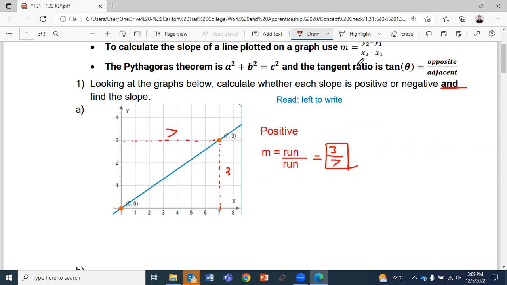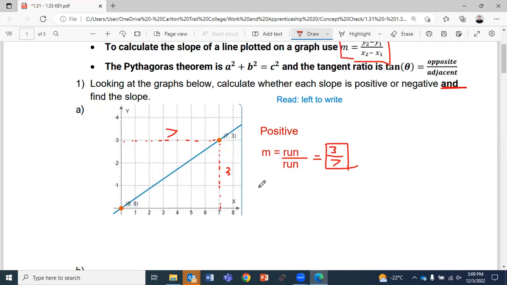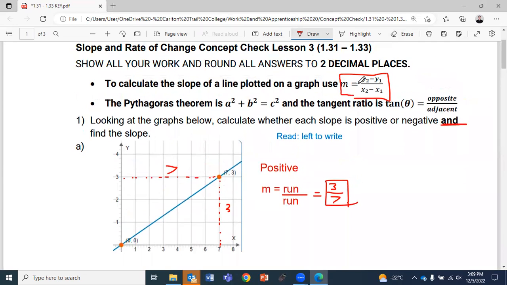Now, the other way you could do it, if you can't eyeball it, which you can't always do, is that we know we can calculate the slope of a line that's plotted on a graph. That's the formula at the very top right here. So I can use this formula to figure that out. First off, I need to figure out what y2, x2, y1 and x1 are.